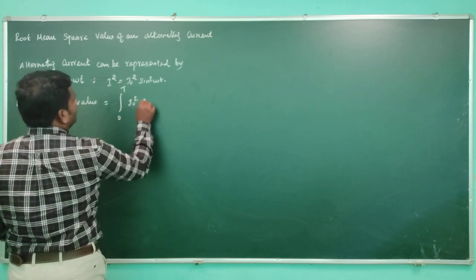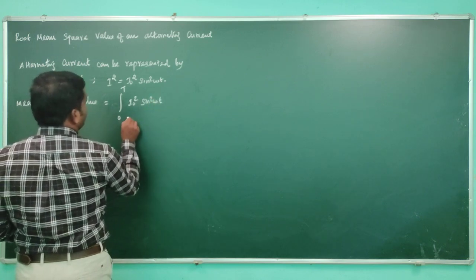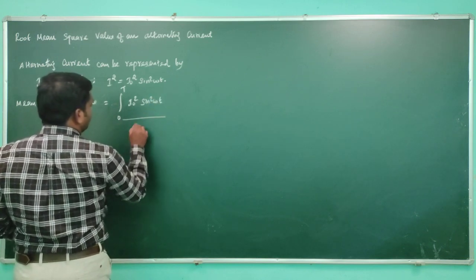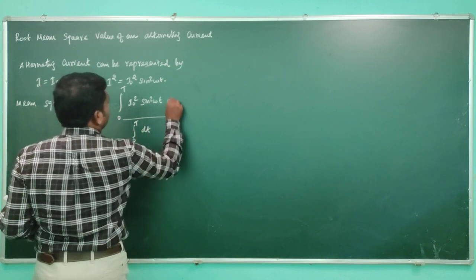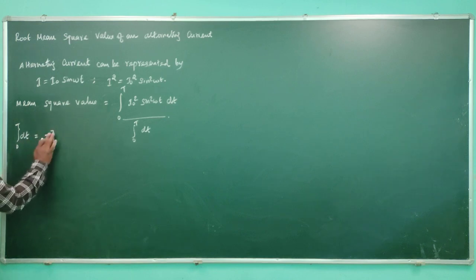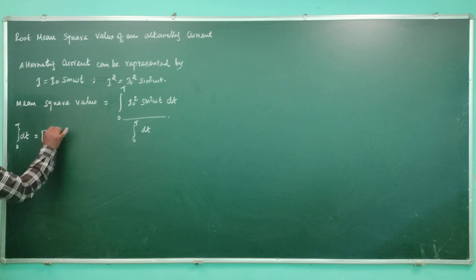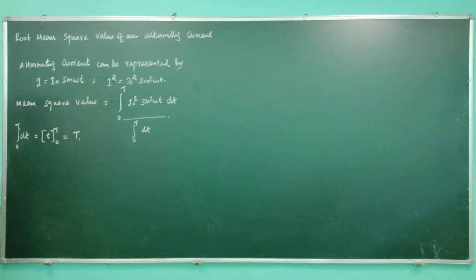So that is the integral from 0 to T of I naught square sin square omega t dt, divided by the integral from 0 to T of dt. But the integral from 0 to T of dt is nothing but T, with limits running from 0 to T.